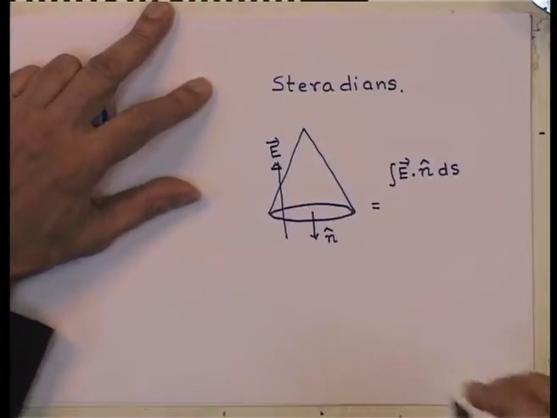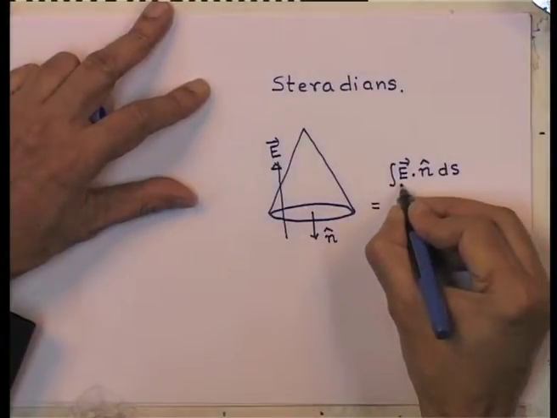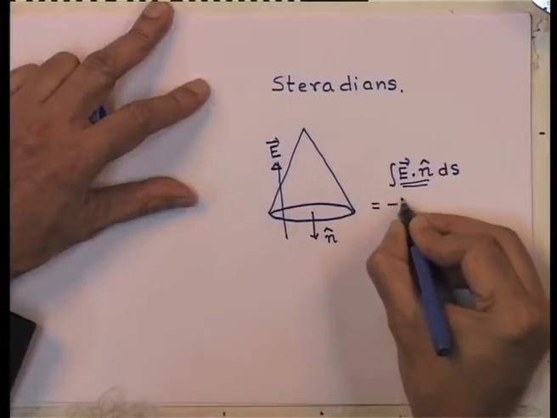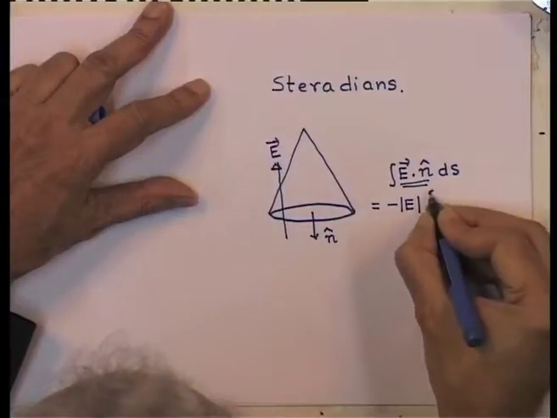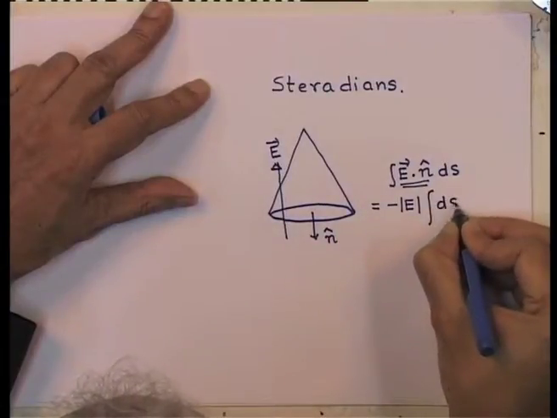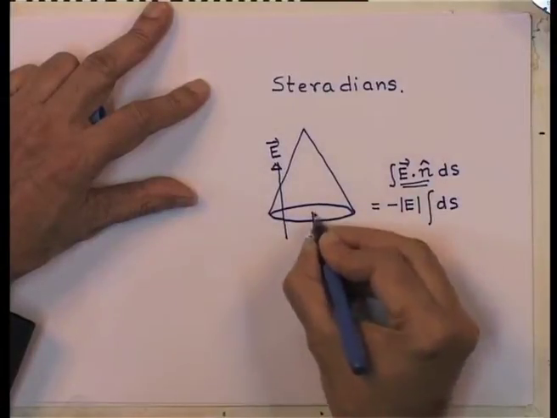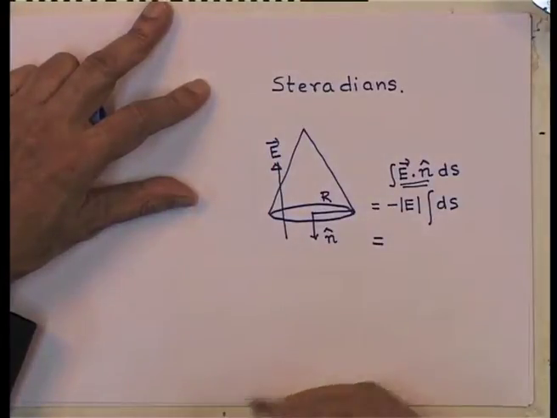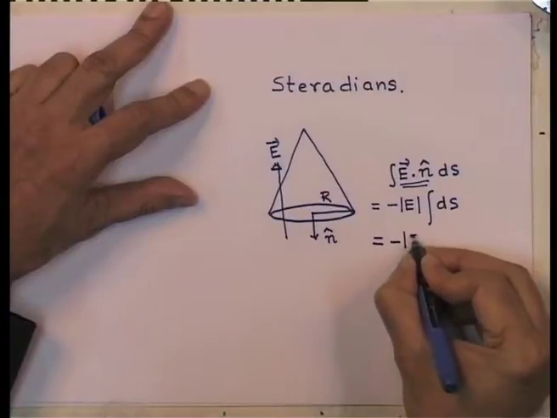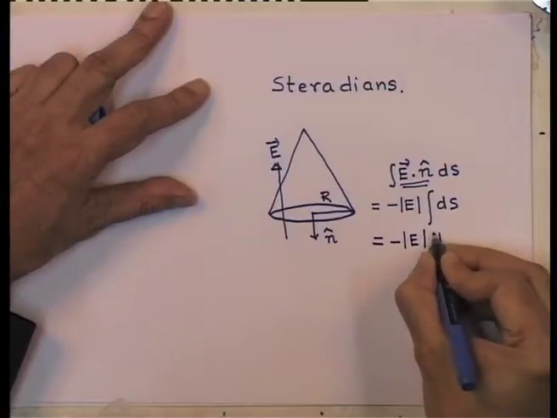As a result, this E dot n is nothing but minus the modulus of E, and I am left with only the integral over ds, and assuming that r is the radius of the base of the cone, this is nothing but minus E times pi times r square.